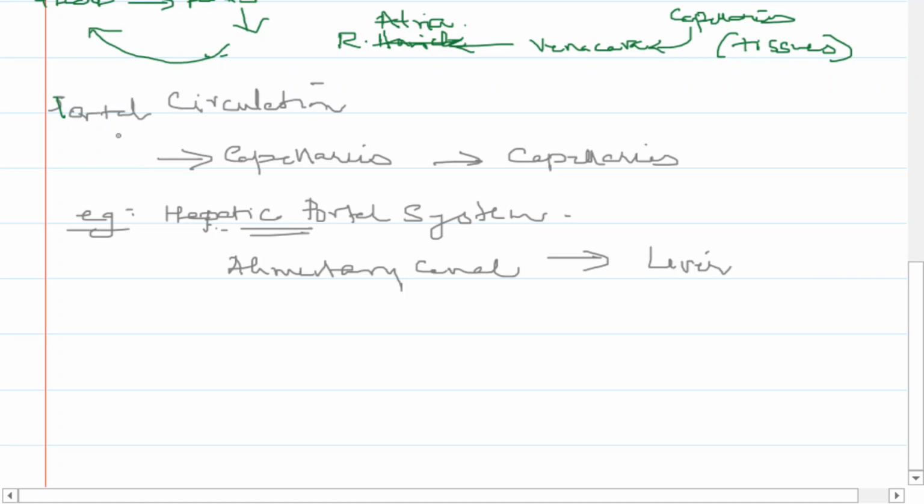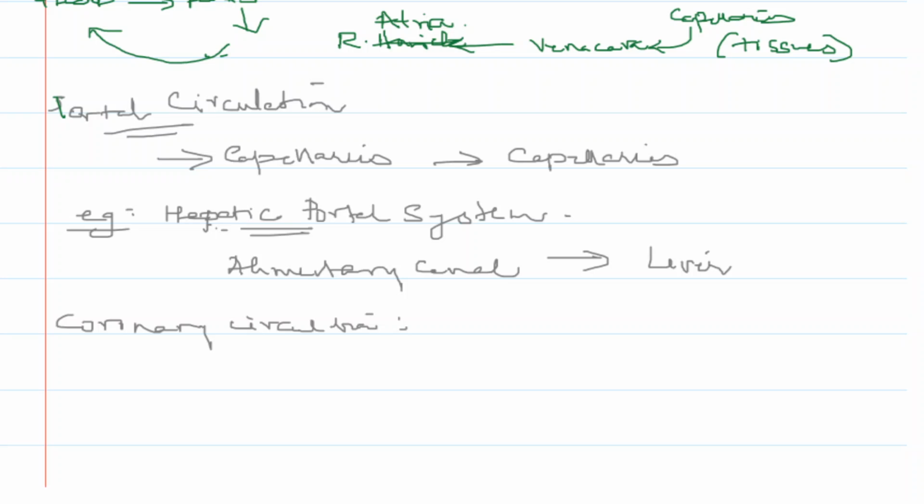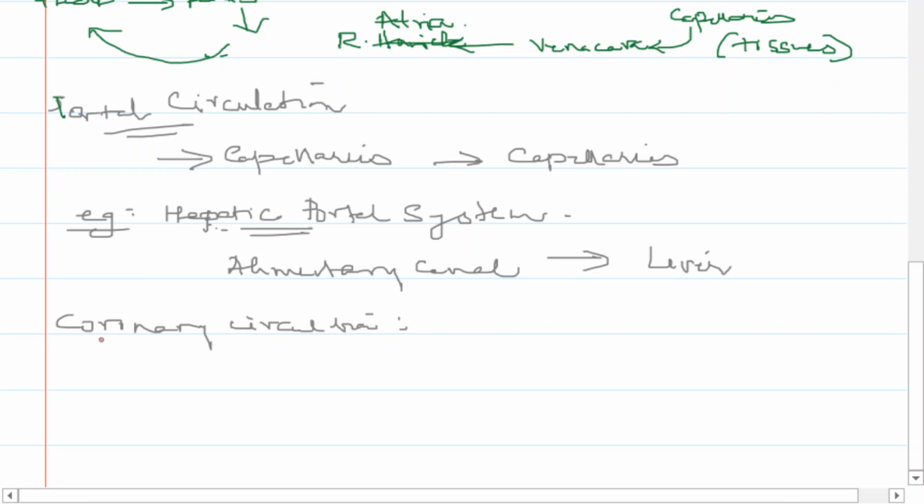So that's the portal circulation, and there is another circulation that we need to mention, that is the coronary circulation. Coronary, as the name suggests, means heart, right? Because the heart is doing a lot of work, it also needs nutrients and oxygen, and the waste materials need to be taken out, right?